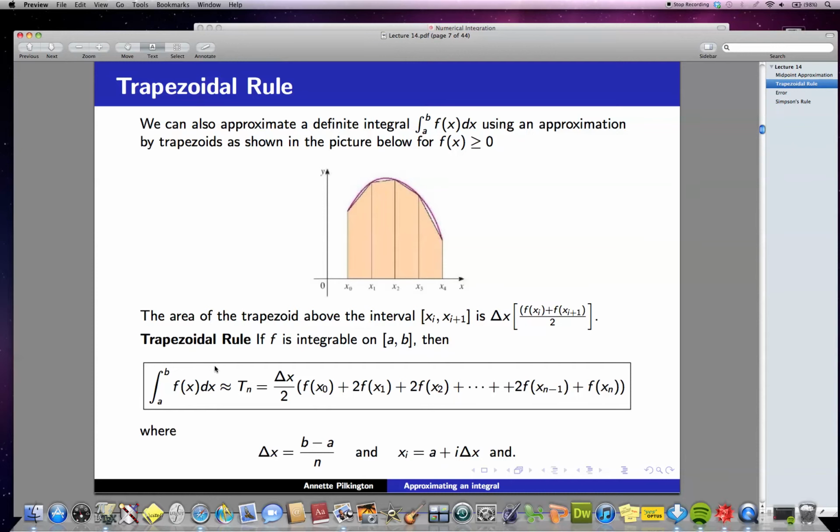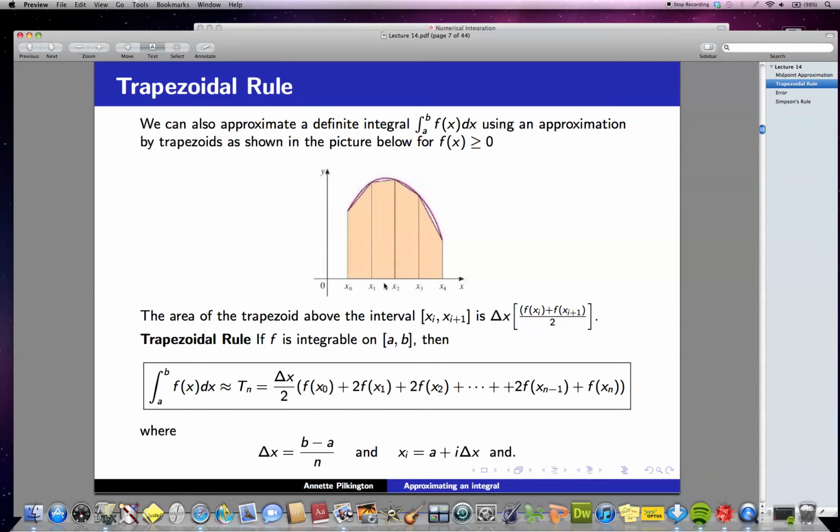Now the algebraic formula for this rule is we have the integral from a to b of f of x dx is approximated by the trapezoidal rule applied with n approximating trapezoids, and the approximation is given by the sum of the areas of these trapezoids.